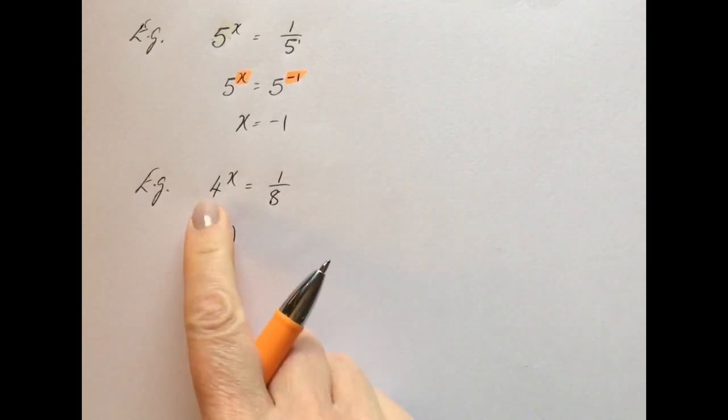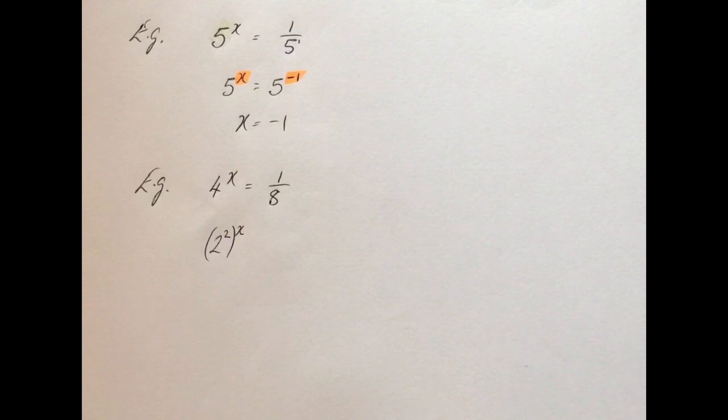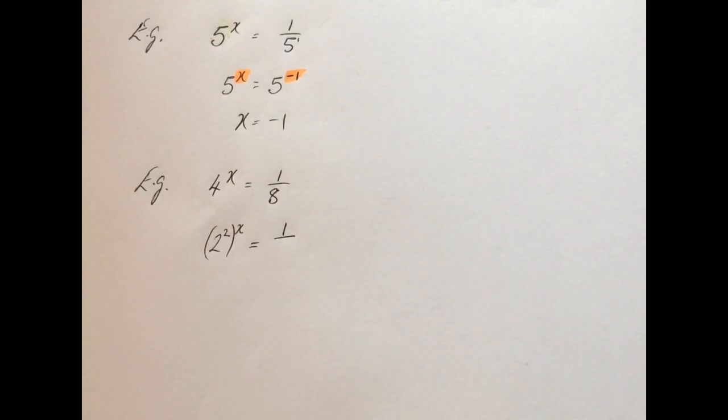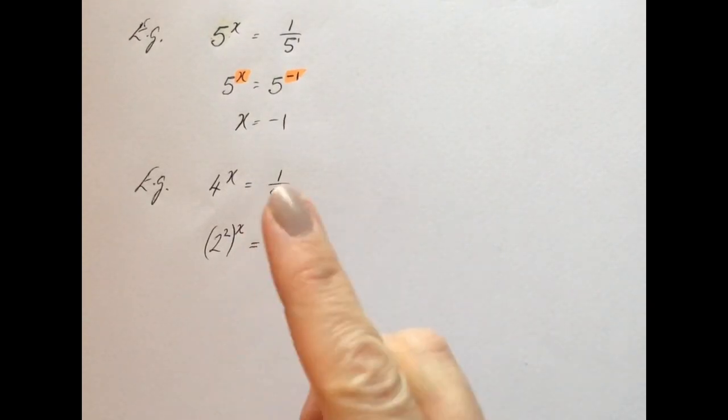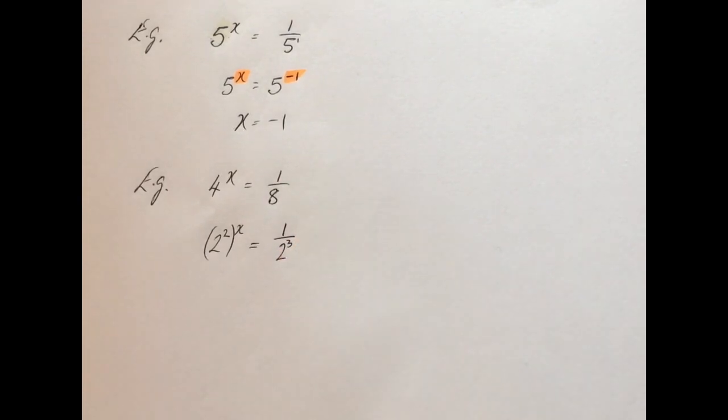And of course, instead of 4 to the power of x, it's going to be 2 squared to the power of x equals. Now, let's keep the 1 over for the moment and just deal with the 8. So writing 8 as the power of 2 is, of course, 2 to the power of 3. So 2 cubed. Okay, so we're still not quite there yet at getting our left-hand side equal to our right-hand side, but we are a step closer.